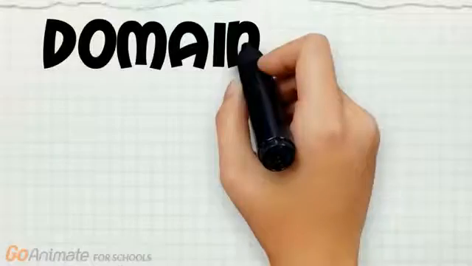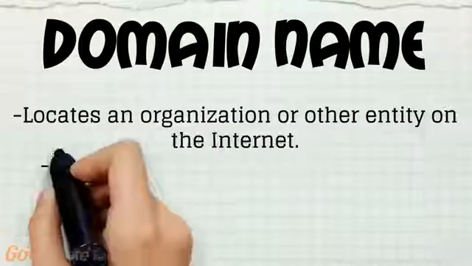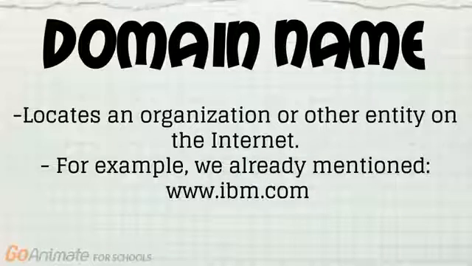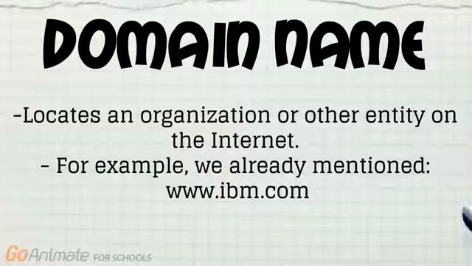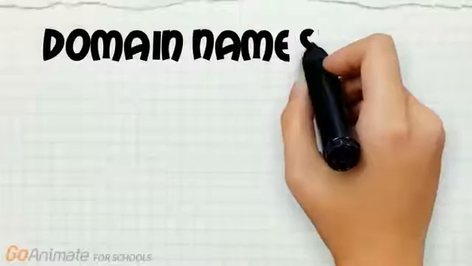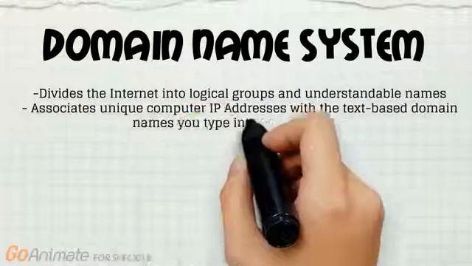A domain name locates an organization or other entity on the Internet. For example, we already mentioned www.ibm.com. The Domain Name System divides the Internet into logical groups and understandable names.